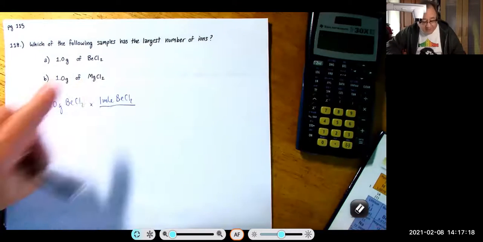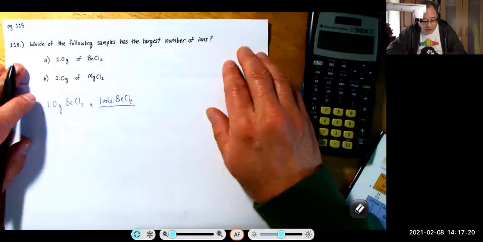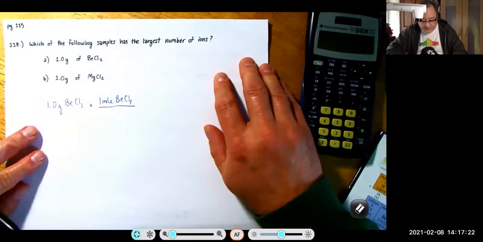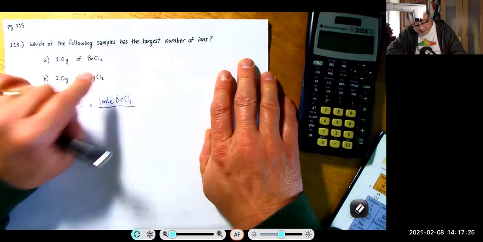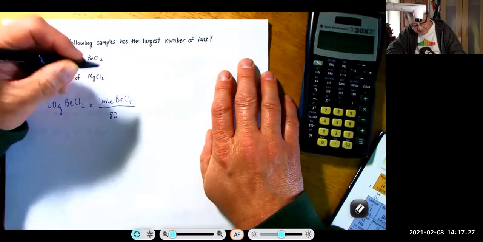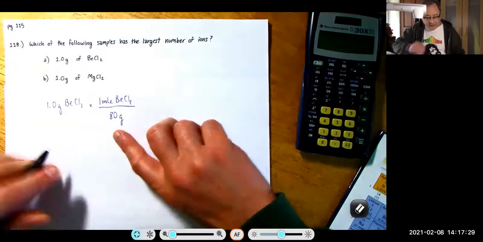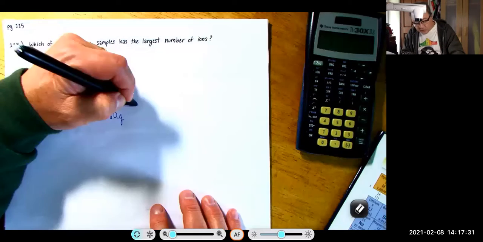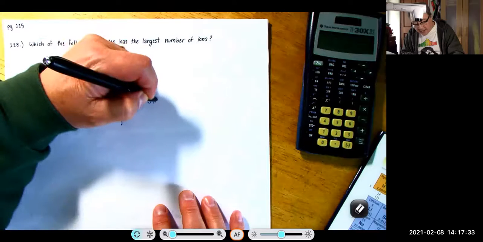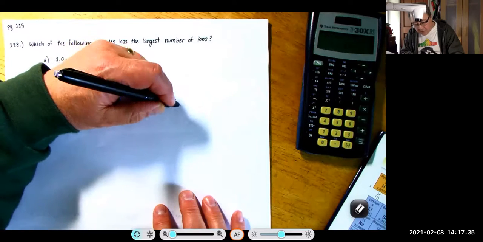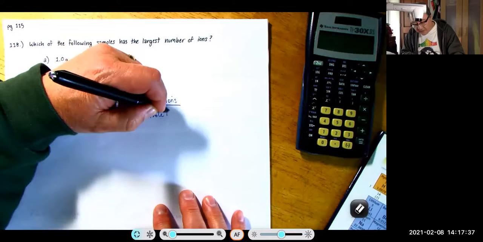Chlorines are 35 and a half roughly. So 2 chlorines is 71. 71 plus 9 is 80. And I'm just going to do that. And then times 3 mole of ions per 1 mole of beryllium chloride.